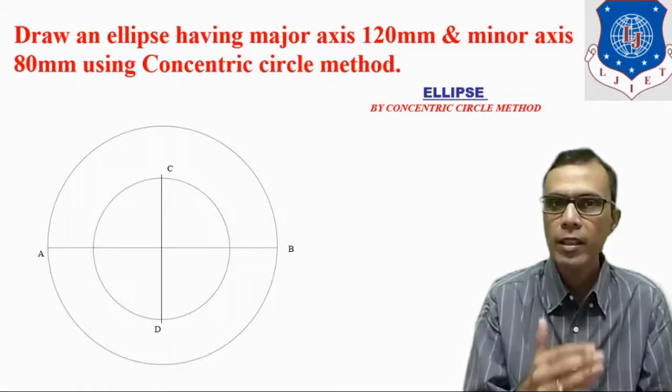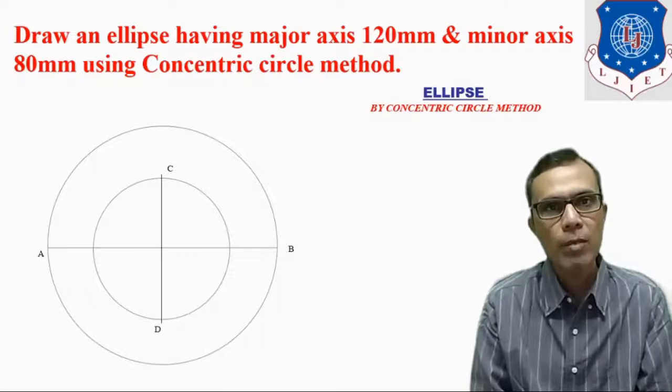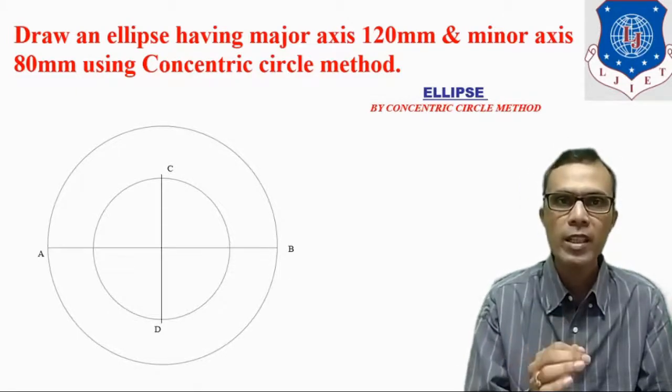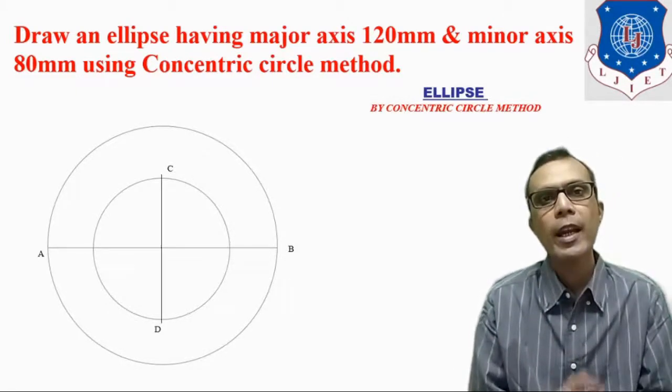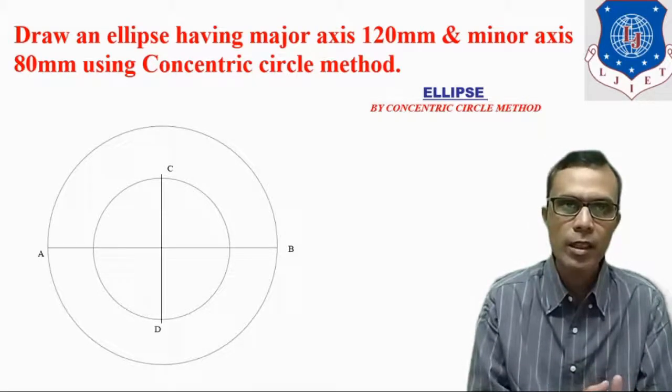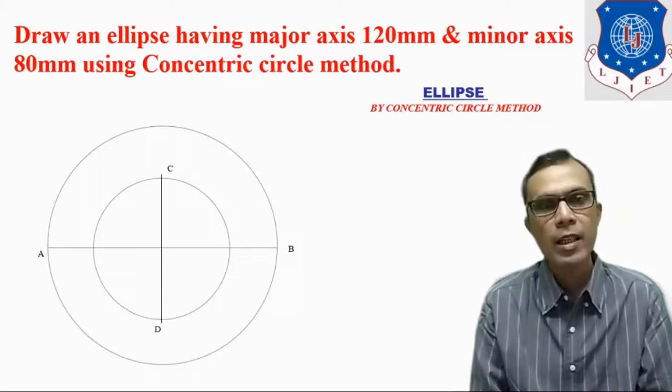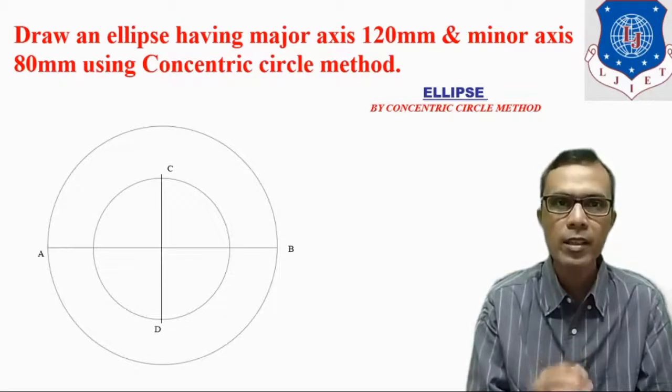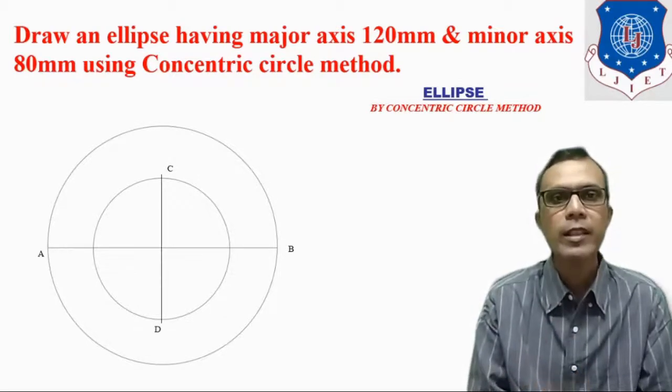If we divide these circles into 8 equal parts, then the value of one segment is 45 degrees, and if we divide these circles into 12 equal parts, then the value of one division is 360 divided by 12, that is 30 degrees.